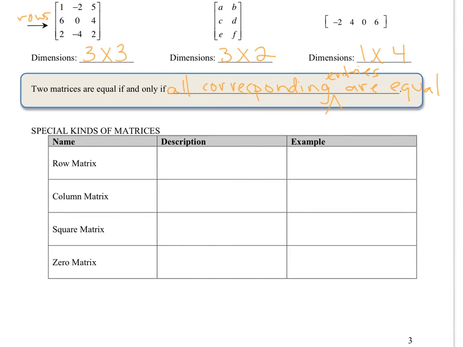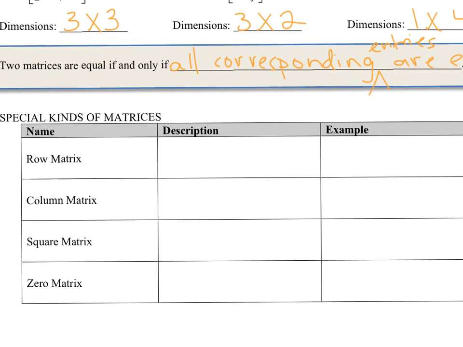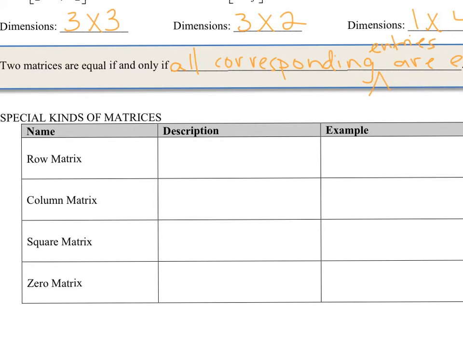Special kind of matrices. So you have a row matrix. A row matrix is a matrix with only 1 row. And you can do any example you really like. They don't have to be the exact numbers of mine. So here I have 8, -1, and 5.